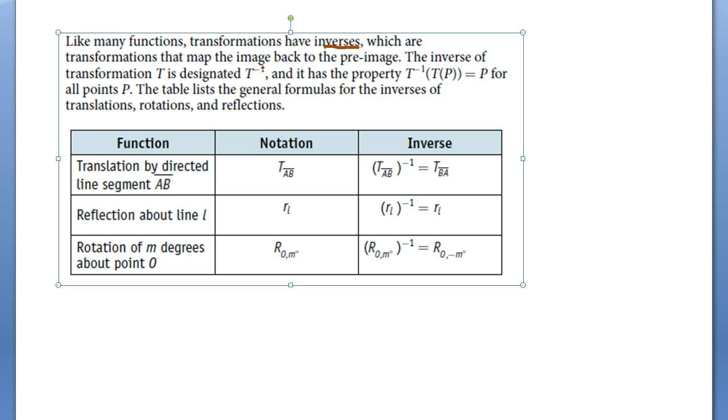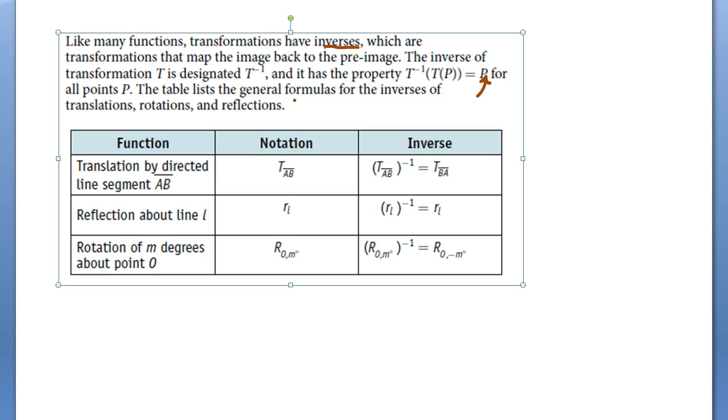It has the property that when you apply that transformation to that transformation, you get the original pre-image. They undo each other, creating the original image.